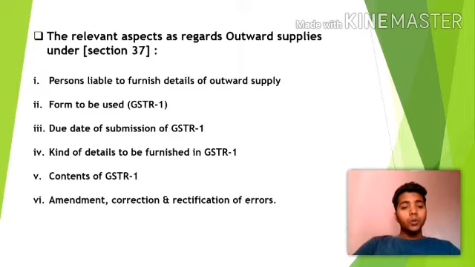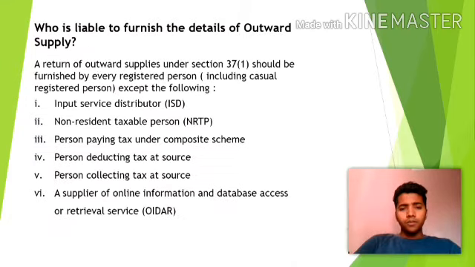The third is the due date of submission of GST Return 1, and the fourth is the kind of details to be furnished in GST Return 1. The fifth is the contents of GST Return 1, and the sixth and last one is amendment and correction or rectification of errors under GST Return 1.